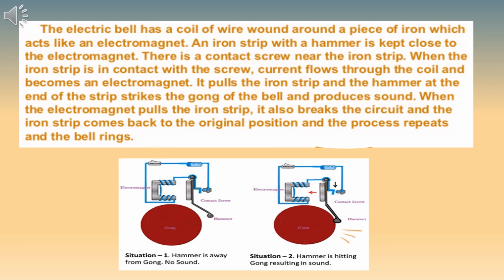It pulls the iron strip and the hammer at the end of the strip strikes the gong of the bell and produces sound. When the electromagnet pulls the iron strip, it also breaks the circuit and the iron strip comes back to its original position, the process repeats, and the bell keeps on ringing until the switch is off.